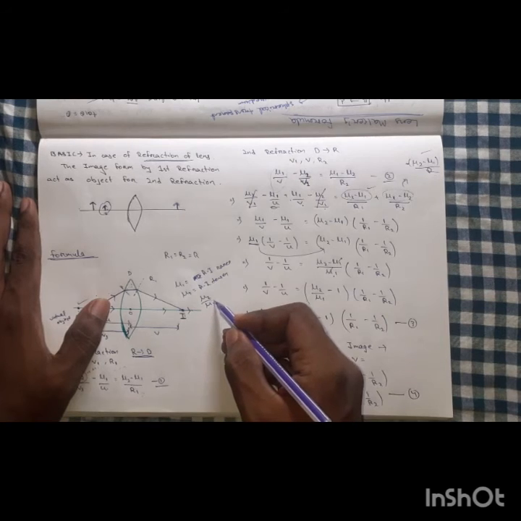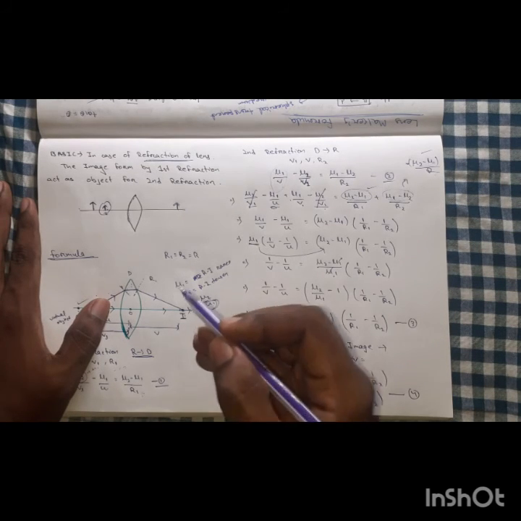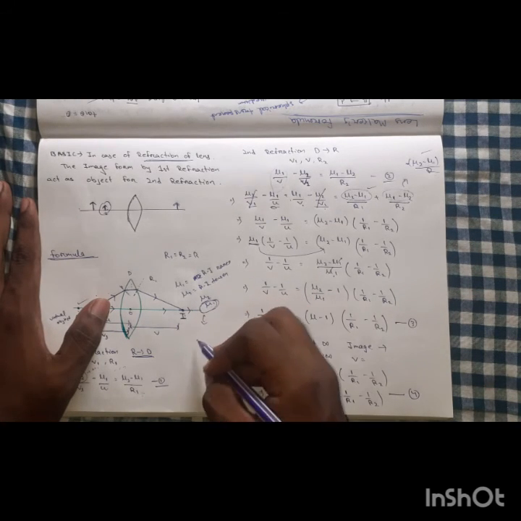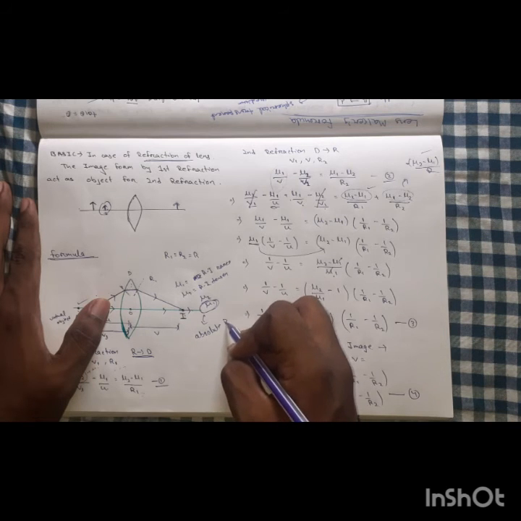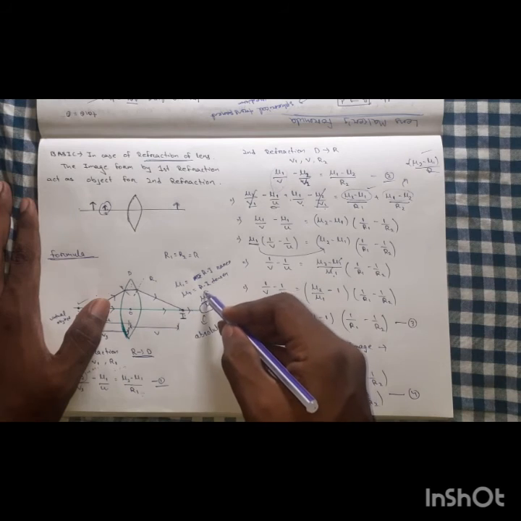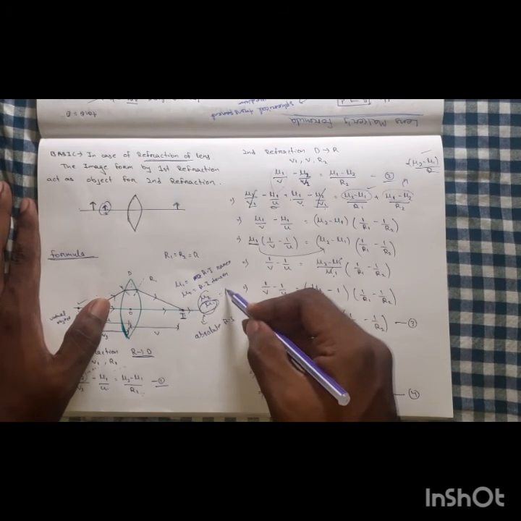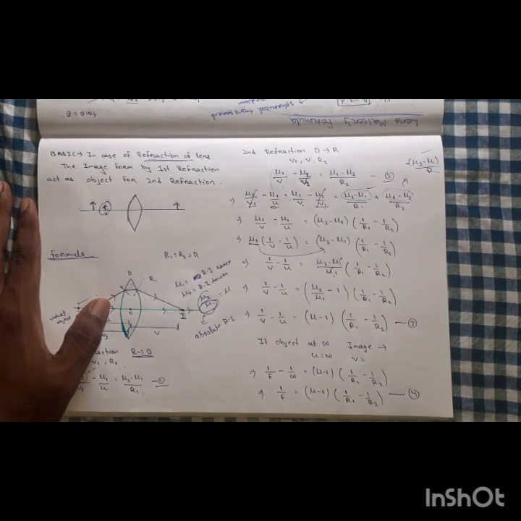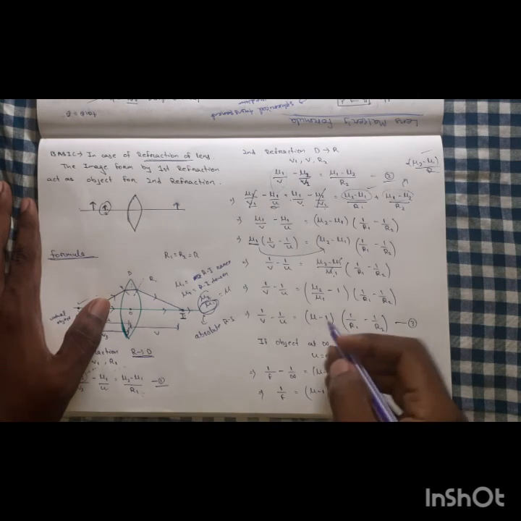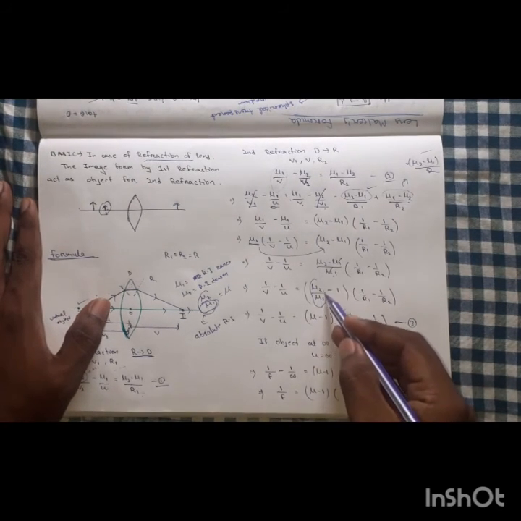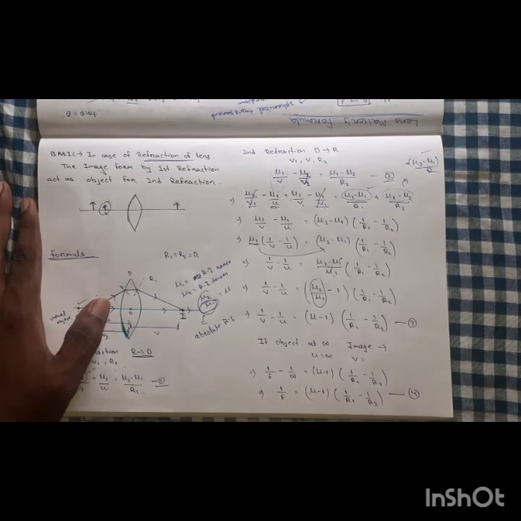If the rarer medium is air, I can say it will be the absolute refractive index. So in place of mu2 by mu1, I can place mu only. Then in place of mu2 by mu1 minus 1, I can place mu minus 1.